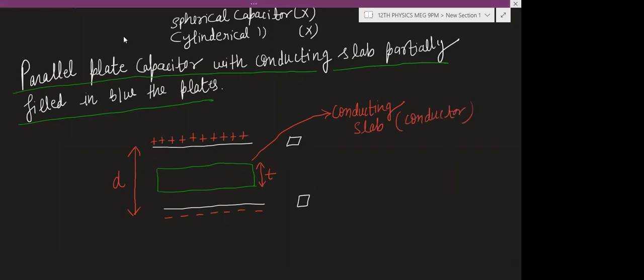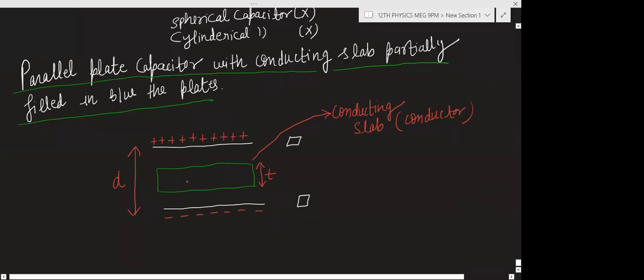And we know that inside the conductor, suppose this is a point P, and I want to calculate the electric field at point P.